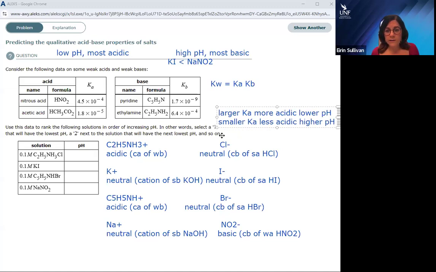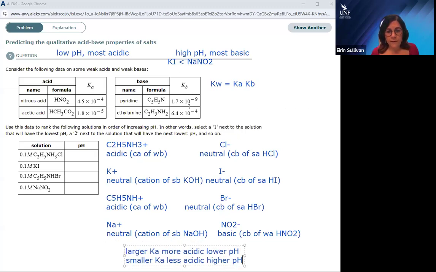So out of these two, the Kb value is bigger for the ethylamine, right? 10 to the minus 4. So this one, Ka is going to be smaller. Okay, so this one is going to be less acidic. And that is going to be the higher pH.